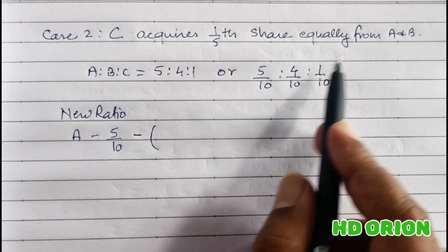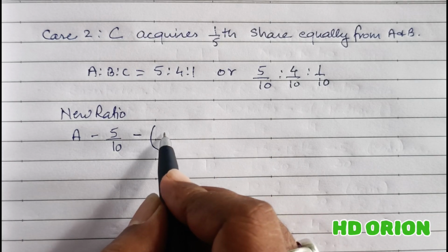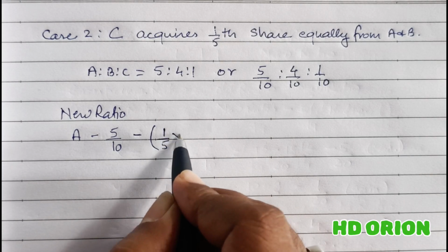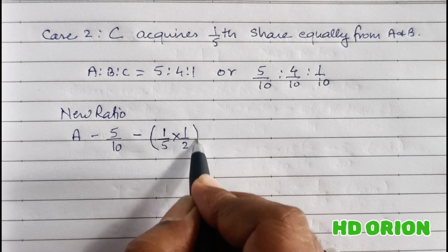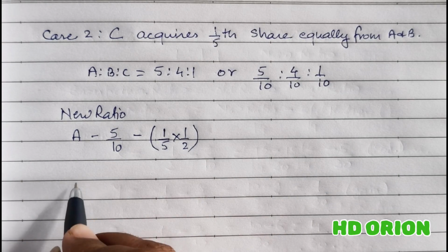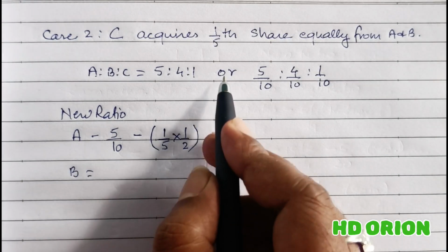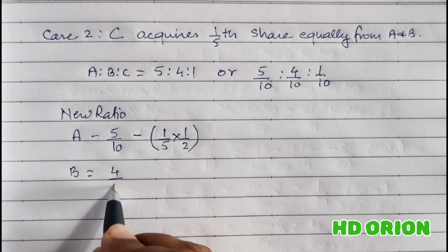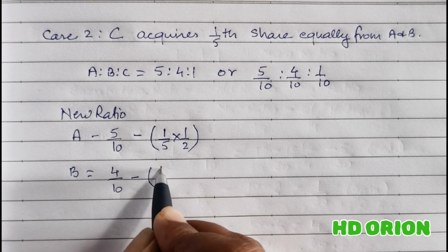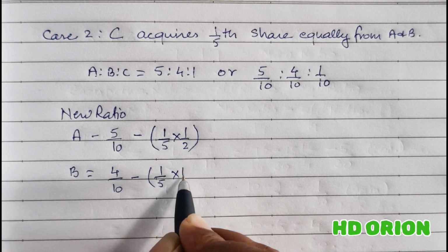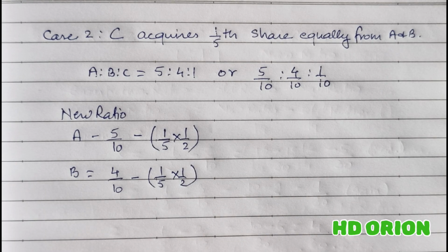Half of 1/5. So 1/5 half. Fine. And B was getting how much? 4/10. From 4/10, 1/5, another half will be sacrificed.